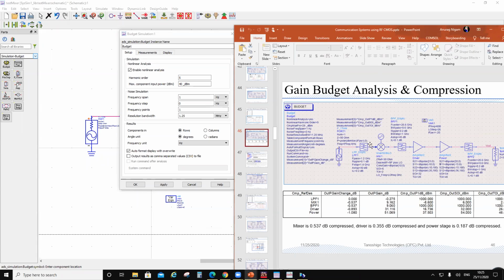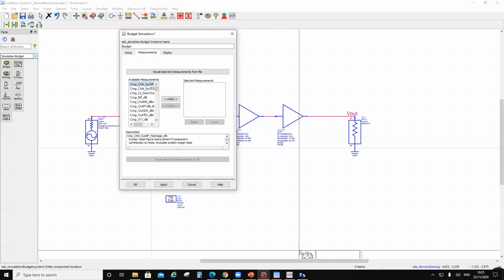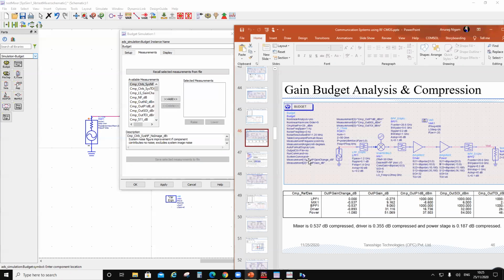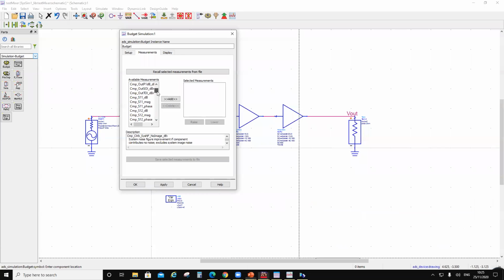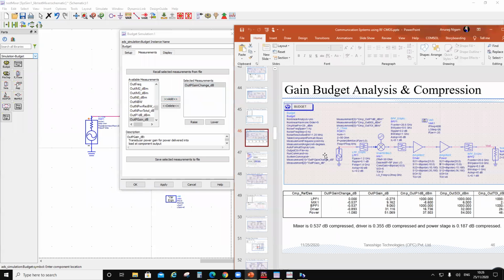Then I'm going to add the measurements. What measurements do I want to do here? I'm going to look at output gain change, which will give you compression. So I go to output gain change, P gain change. This gives you compression characteristics. The next is gain, because I want to do the gain budgeting, so output gain.